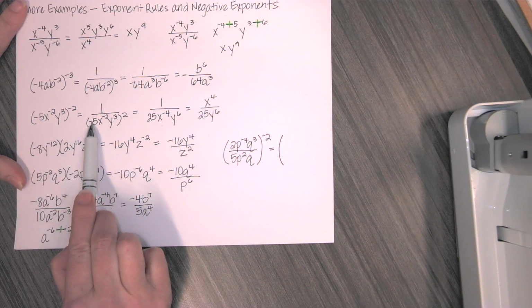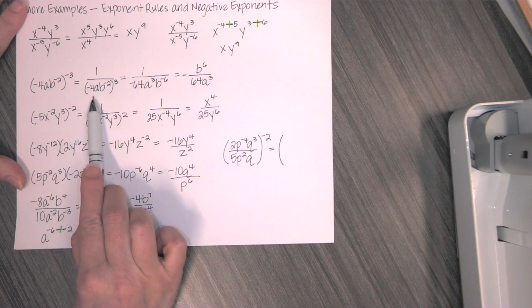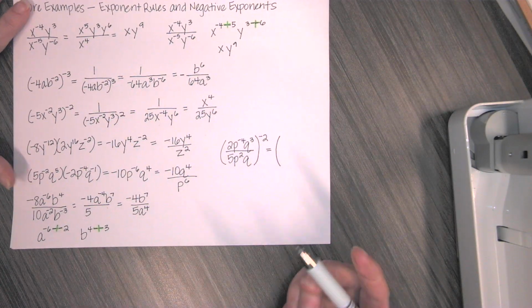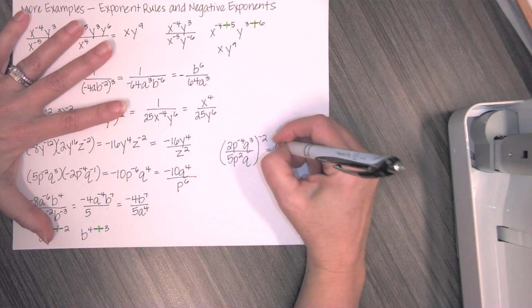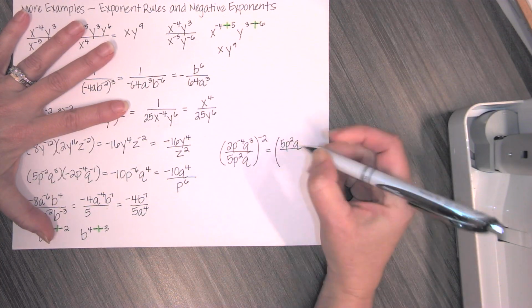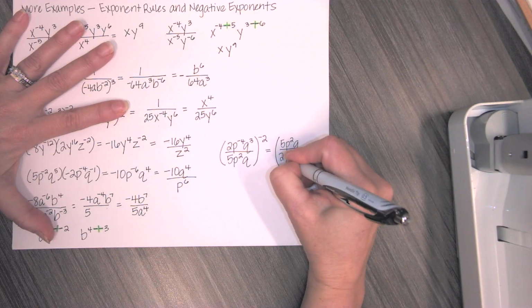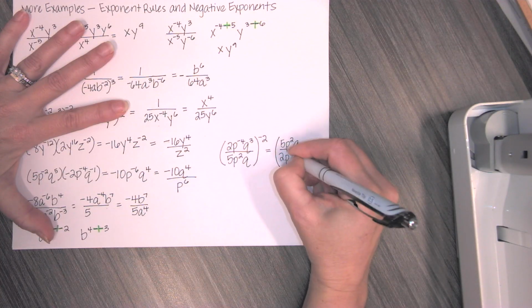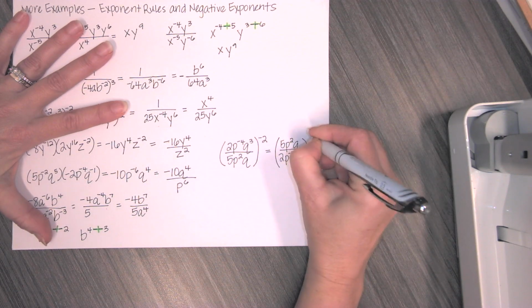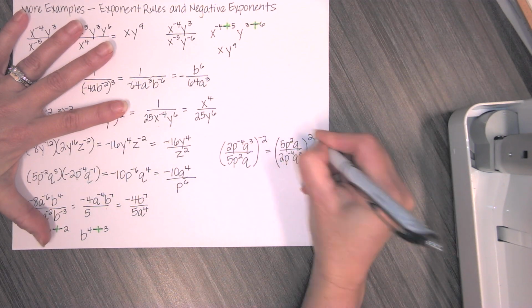See how nothing in the parentheses changed, just the sign of that exponent when we moved it. It's going to be the same thing here. I'm going to flip that over, not changing anything inside the parentheses, and that takes our exponent to a positive 2.